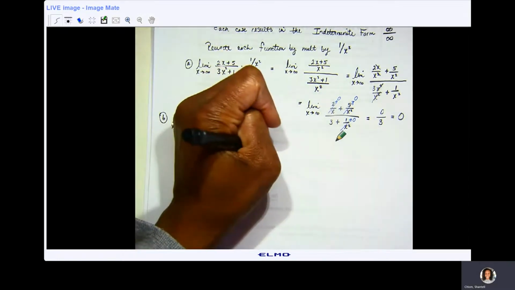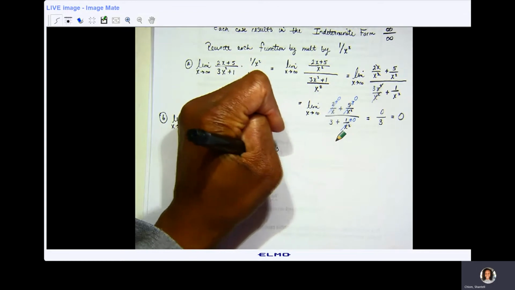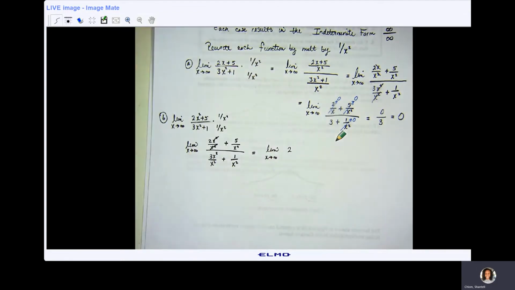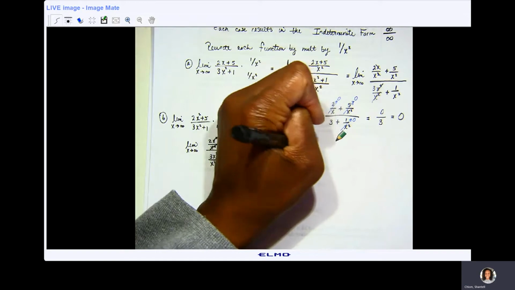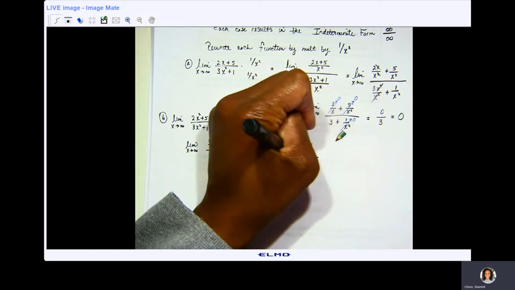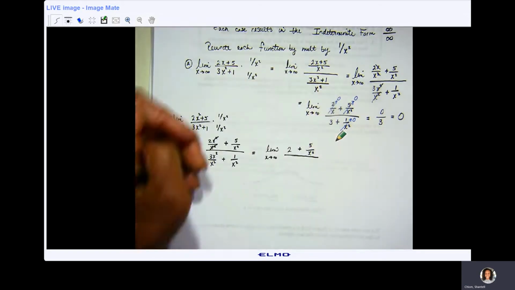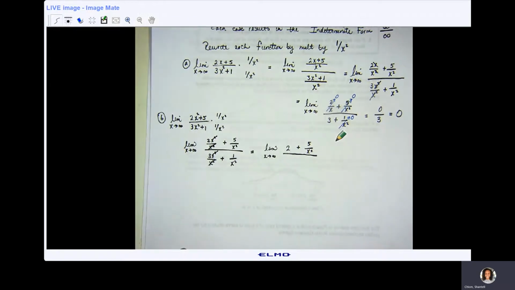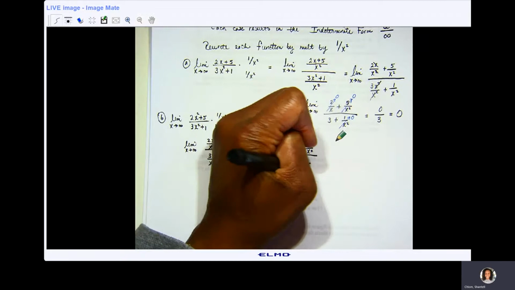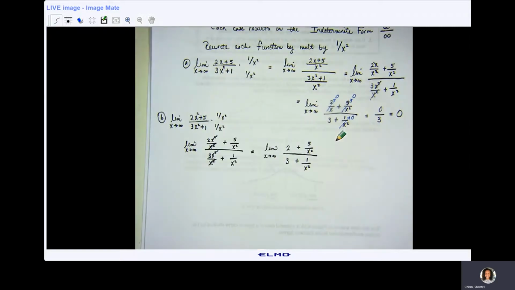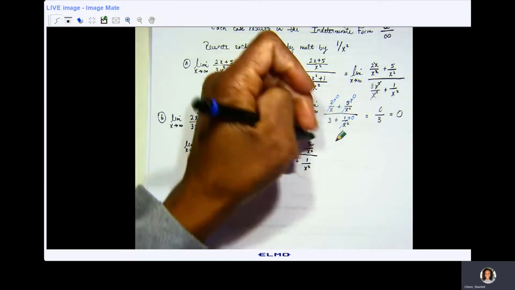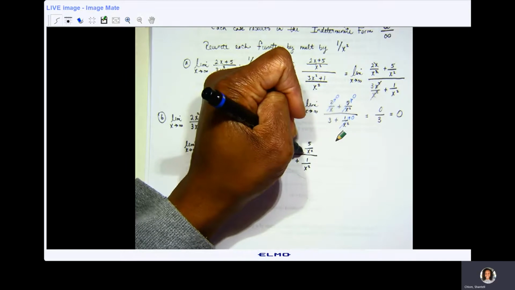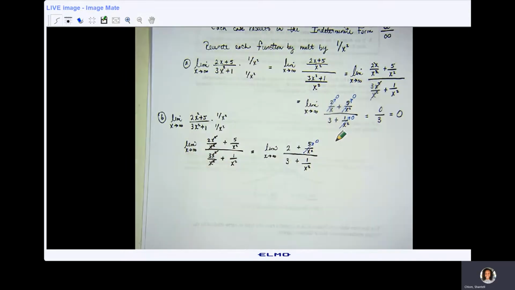So you've got the limit as x approaches infinity. That's just a constant 2, plus 5 over x squared. And then on the bottom, these x squareds cancel as well, so you just have a constant 3 plus 1 over x squared. Okay? As x gets bigger, 5 divided by some really big number heads towards 0.